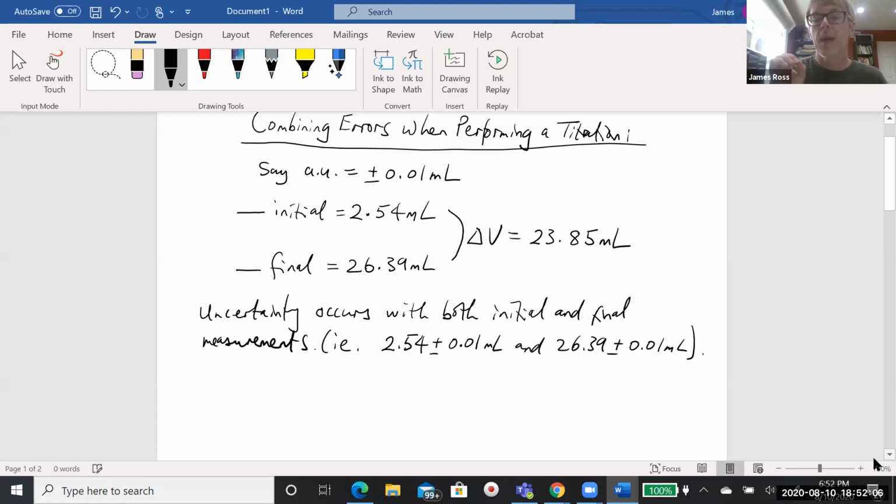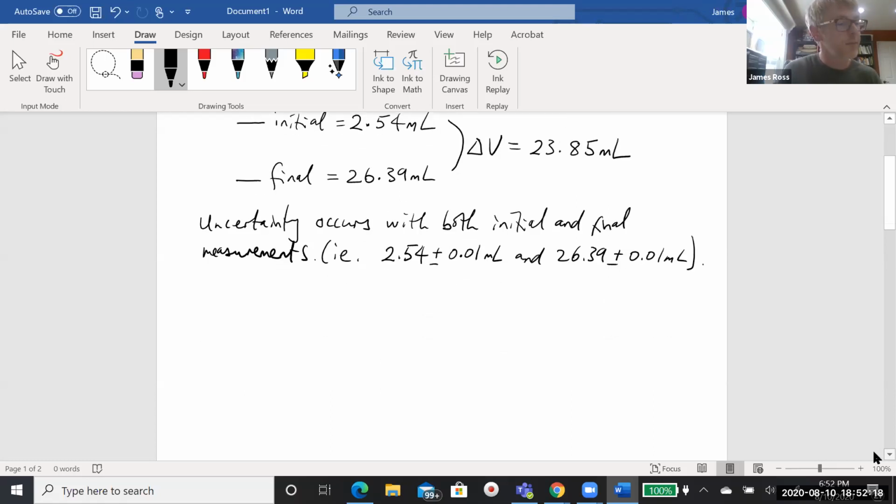So importantly, we need to discuss in this video whether the absolute uncertainty applies to the delta V or just the individual V's. Because this is often overlooked. So there's a rule that applies when you add or subtract measurements.